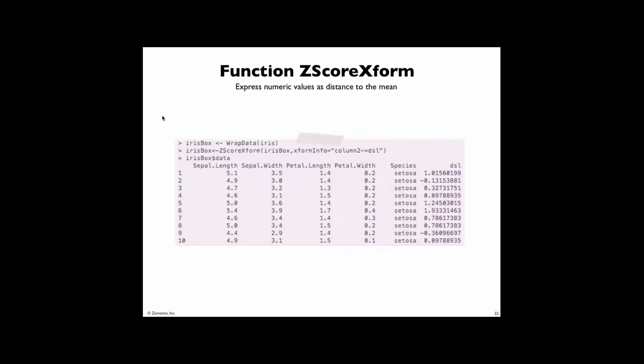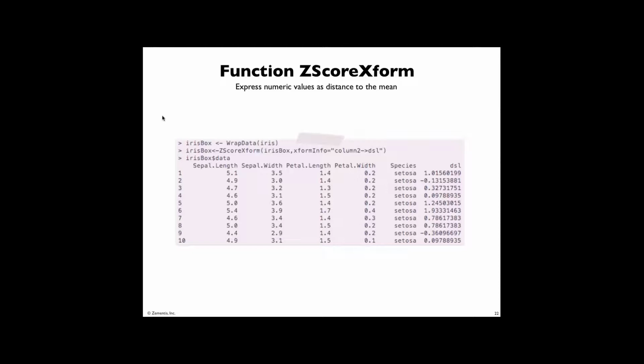The format here shows column 2, which is the second column of the data, which is sepal width. So we're saying we want to apply the z-score transformation to the sepal width variable, and we want to call the derived field DSL.